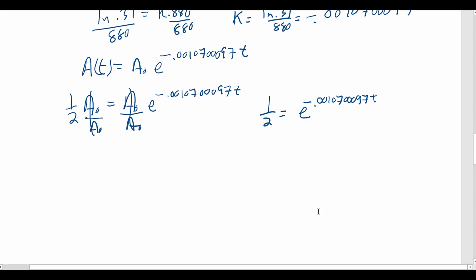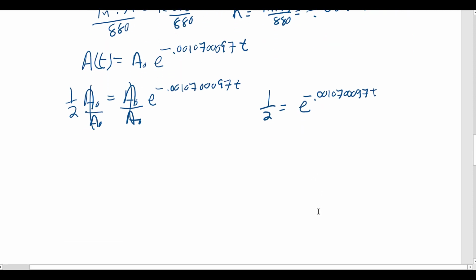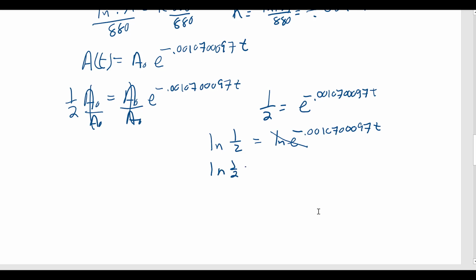Now, by the way, I kept that number stored in my calculator and I use it for this next calculation. So the natural log of 1/2 is the natural log of e to the negative 0.00107 00097 t. That cancels. Natural log of 1/2 equals negative 0.00107 00097 t.